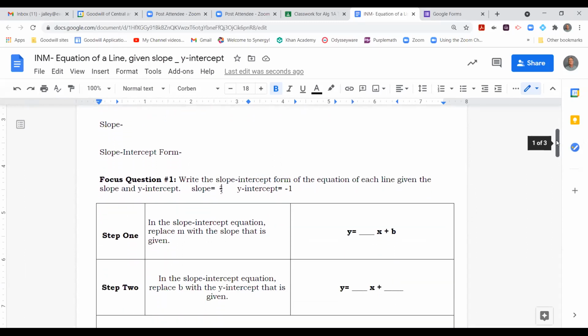So if we're talking about like this first focus question, it says write the slope-intercept form of the equation of each line given the slope and the y-intercept. Well, there's no calculating. It's a simple substitution. So we get the slope as 4/5, put it in where m goes.